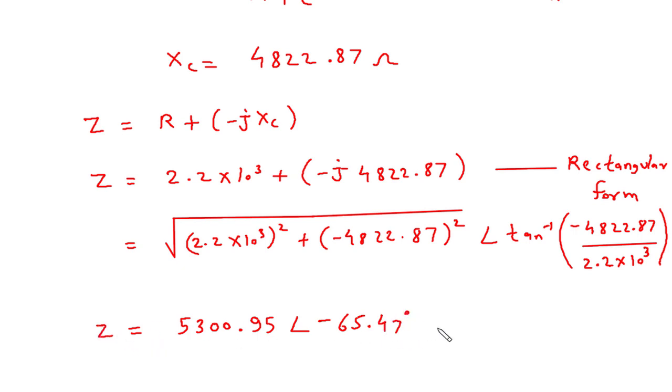So this is the value of Z, and its unit will be ohm. This is the rectangular form and this is the polar form.